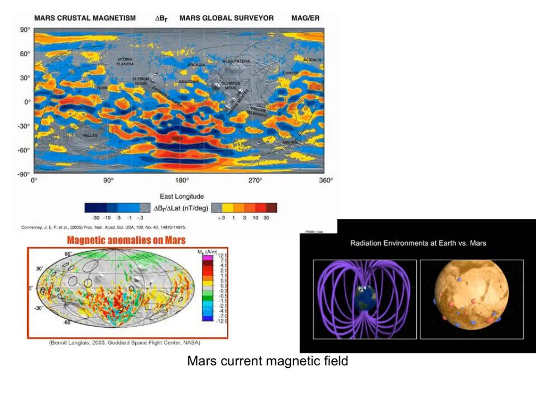This is magnetism detected by Mars Global Surveyor, which is not around anymore because it suffered an unfortunate accident. But this was the current magnetic field measured by Mars Global Surveyor.